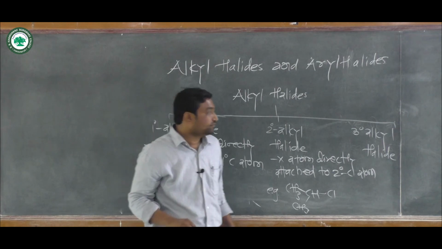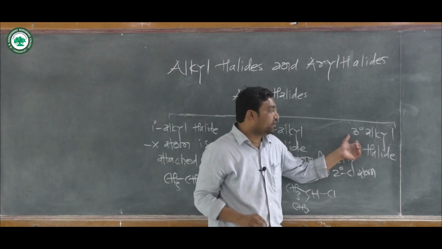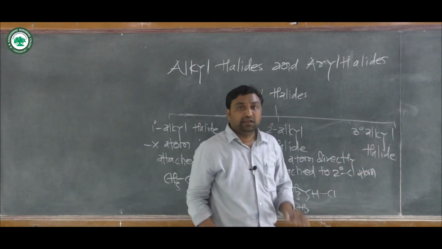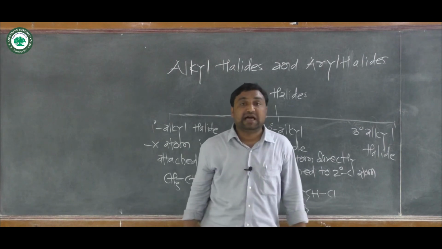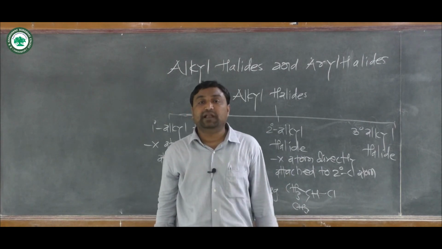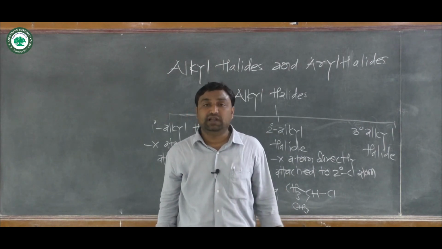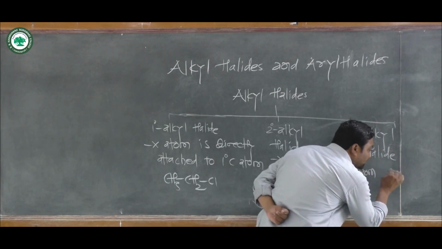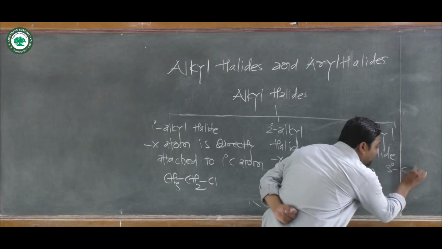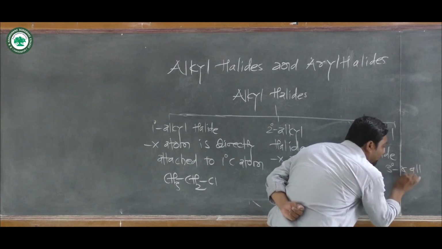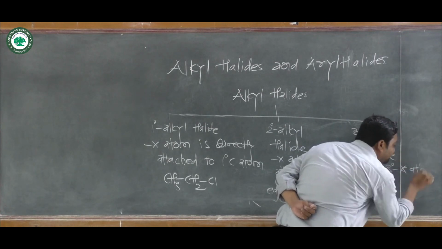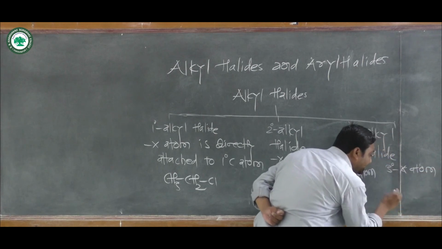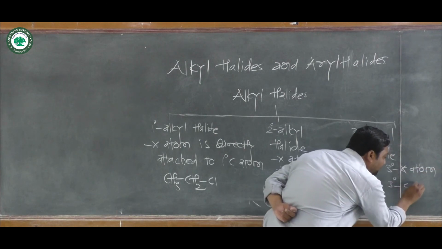Finally, that is tertiary alkyl halide, if the halogen atom is directly attached to tertiary carbon atom, then that alkyl halide is called as tertiary alkyl halide. Halogen atom directly attached to tertiary carbon atom.